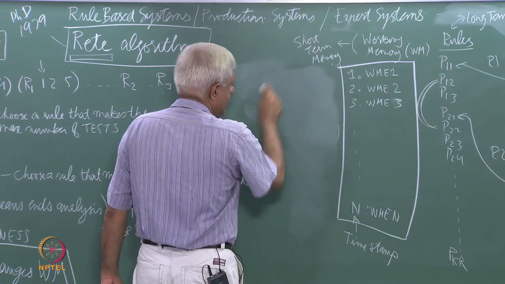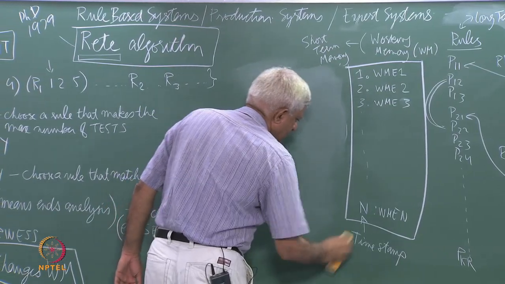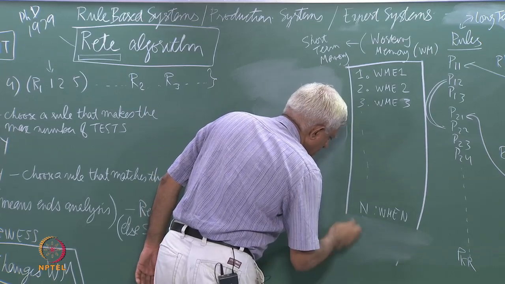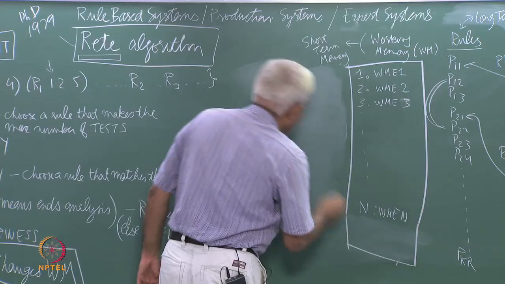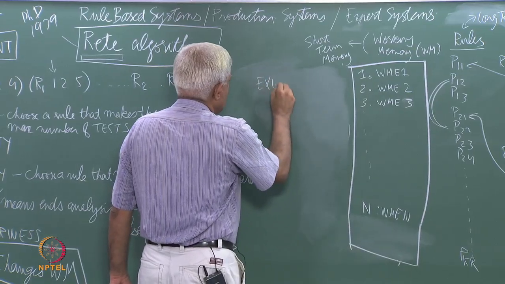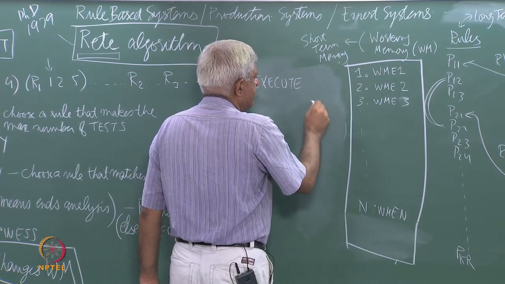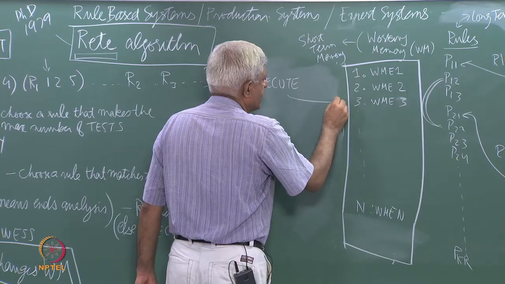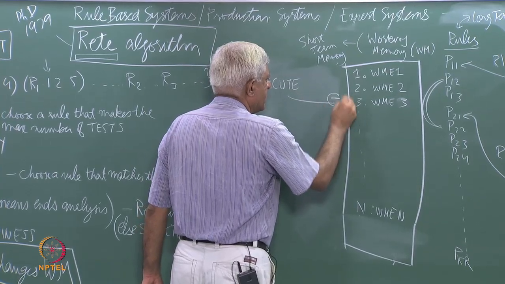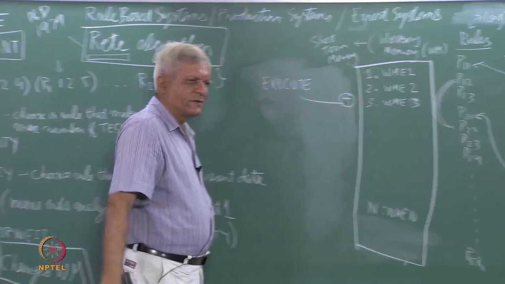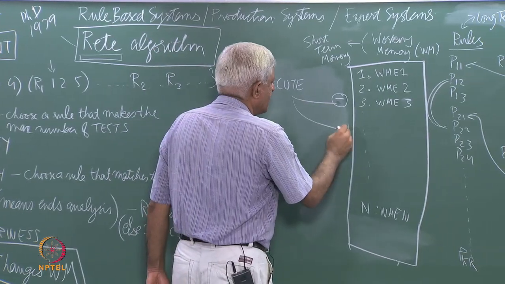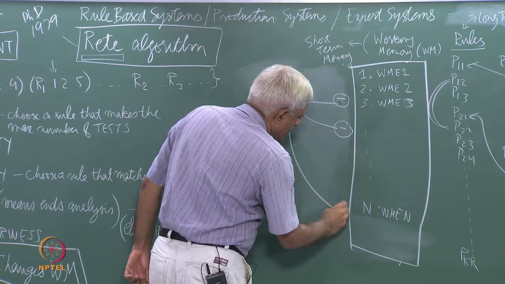So, what execute might do, it might send a signal that this is to be deleted. So, I will use minus sign for deletion here. It might say this is to be deleted and it might say new one to be added.